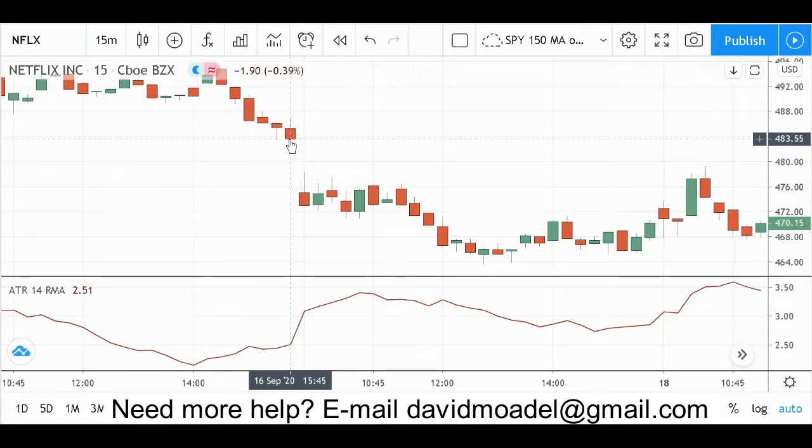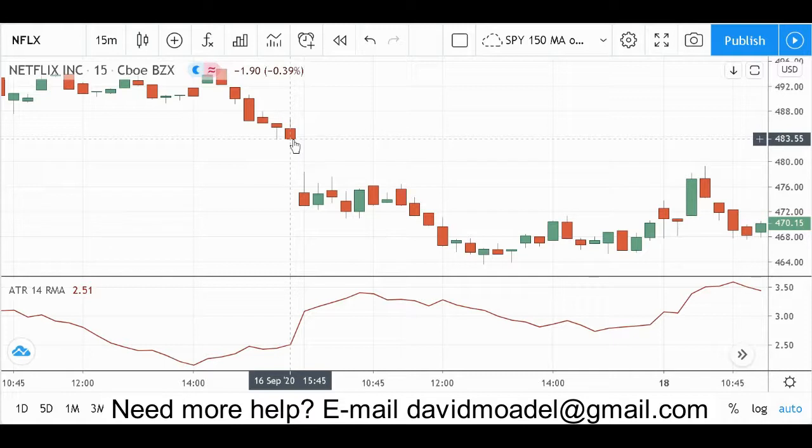Where did it close? For example, for Netflix on this particular day, if the last candle's red, you'll know that it closed at the bottom of the body of that last candle. Let's say it ended at 483.55, because Netflix is kind of an expensive stock, right?